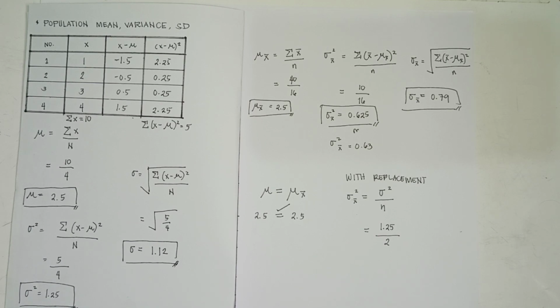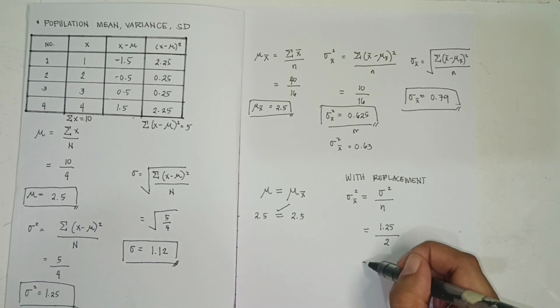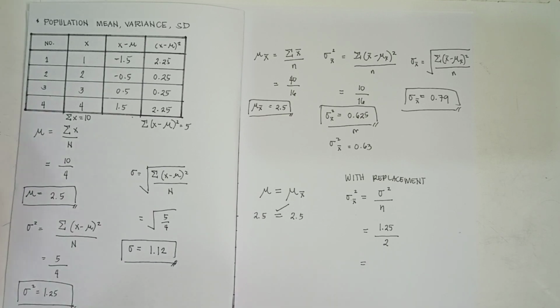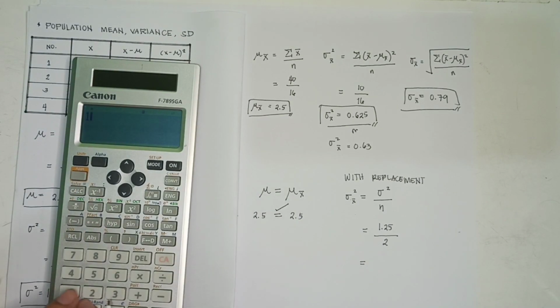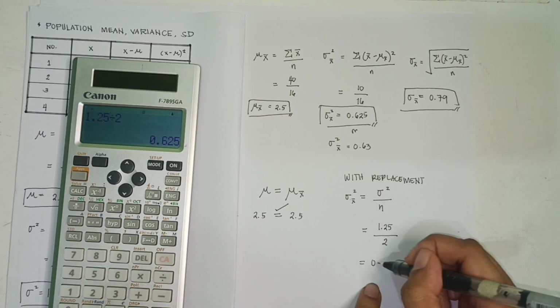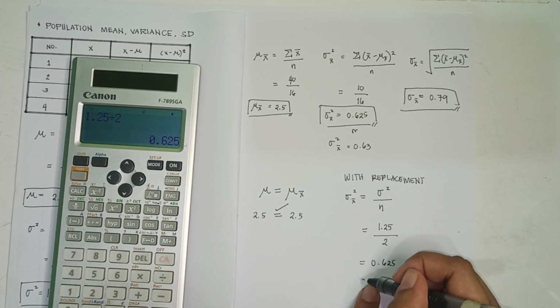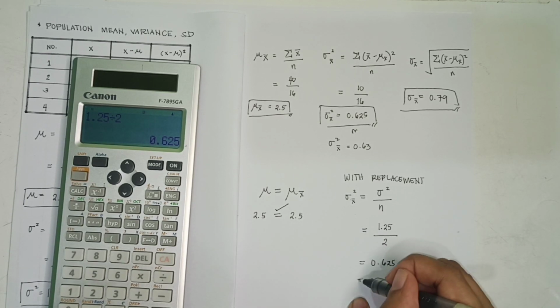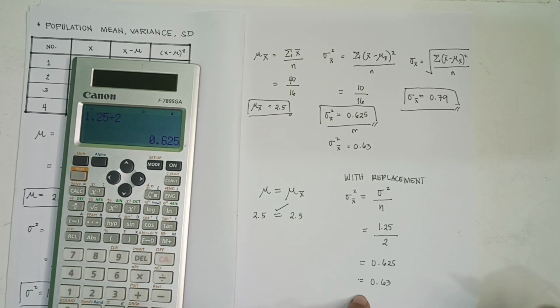Consider the population consisting of values 1, 2, 3, and 4. What are the possible samples with a sample size of 2? Okay, so our sample size is 2. And that is equal to 1.25 divided by 2, which is equal to 0.625 or 0.63.